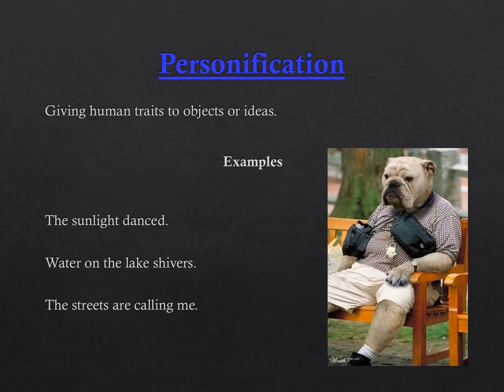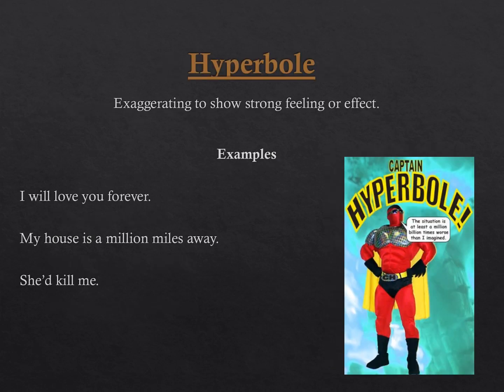Examples are: the sunlight danced, water on the lake shivers, the streets are calling me. In personification, you always have to look at the idea that human qualities, human attributes are given to objects or ideas. So that's the hint of personification.